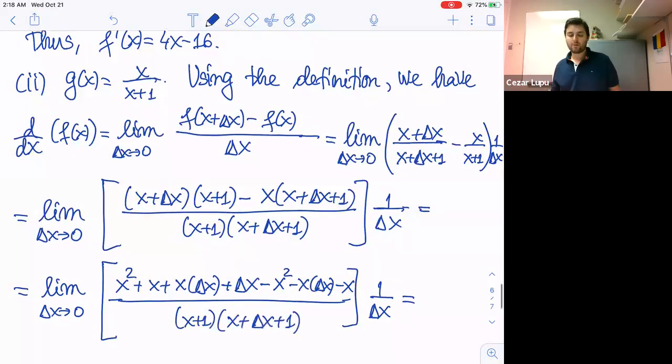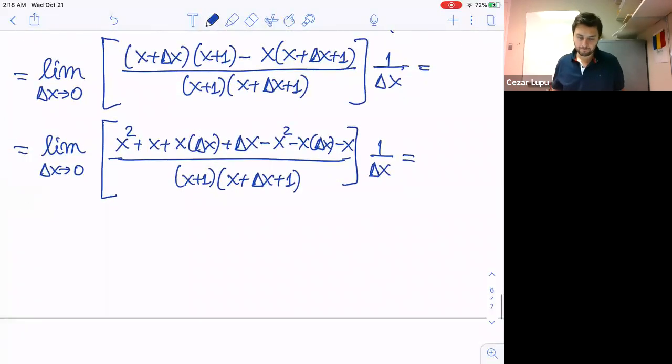And this will be further equal to, well, everything will just cancel here.